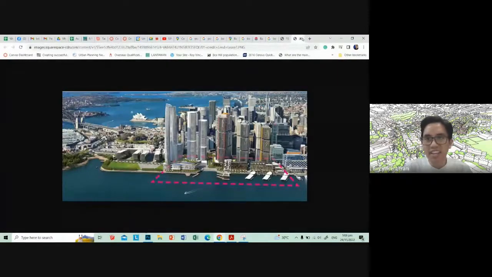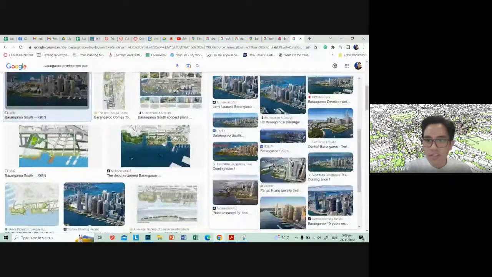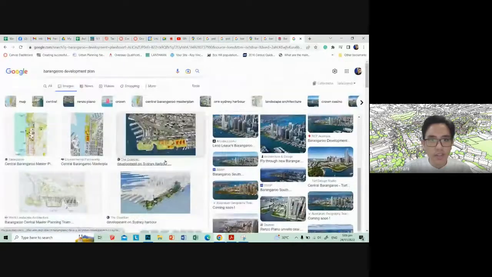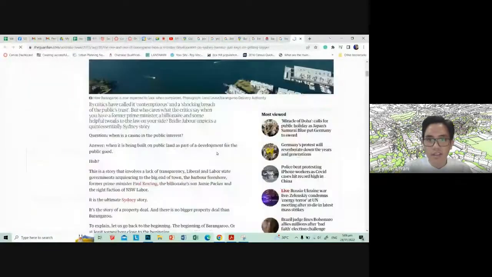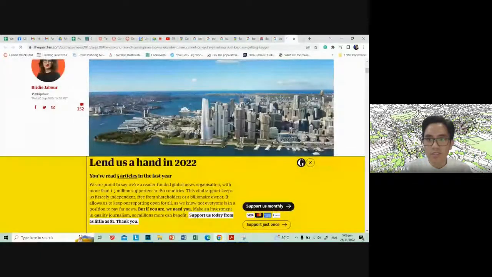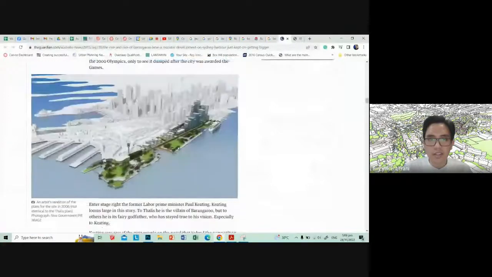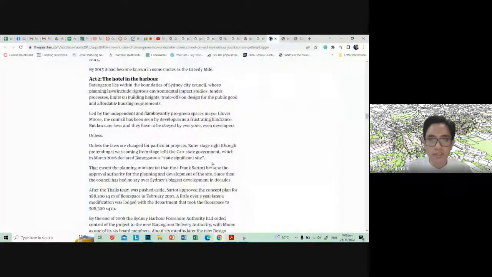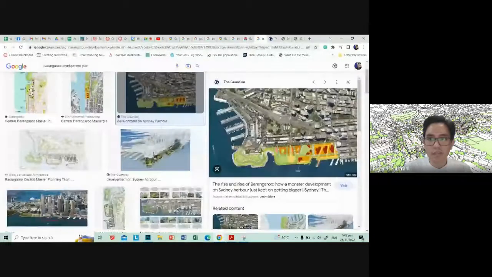It's also not. Sorry. Let me find another image here. I guess we'll just look at the plan then. Okay, this is a good image. And where is the site plan? That's another good image. For some reason the site plan is gone.